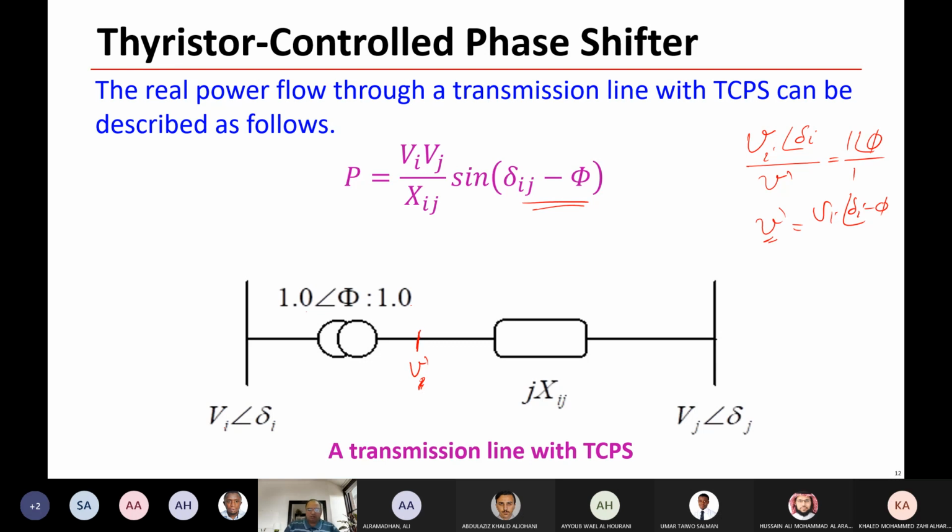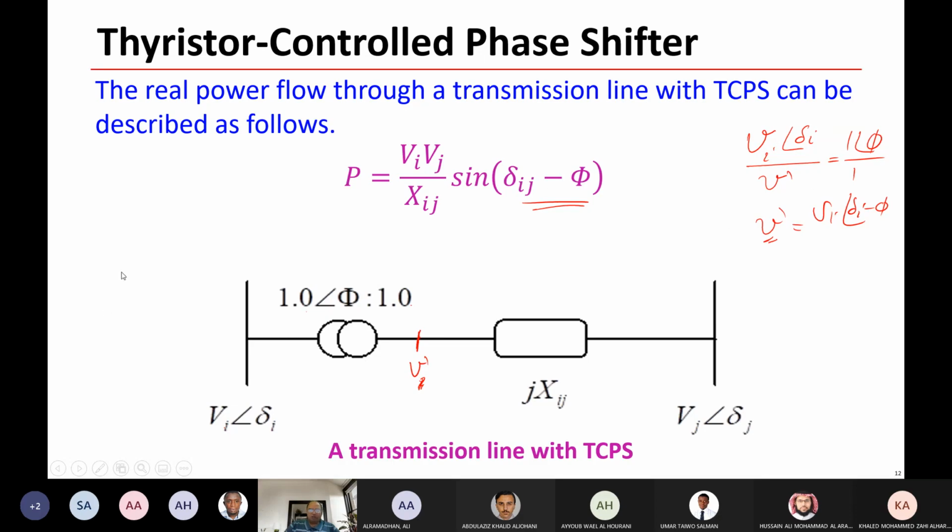So by the transformation ratio, you can get this angle, whether it is positive phi or minus phi. If this angle phi is here, this will be 1 over 1 with angle phi. So angle phi will be multiplied by delta I here, so you can have plus phi.